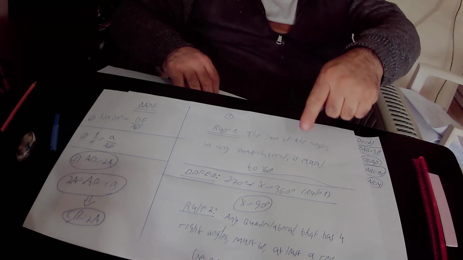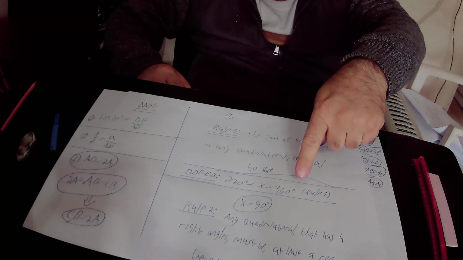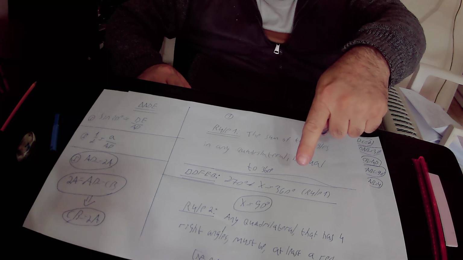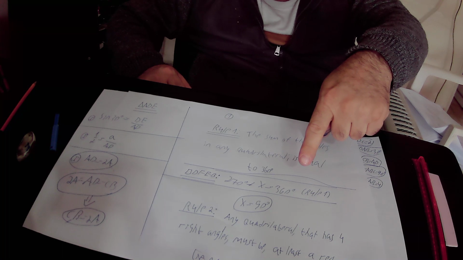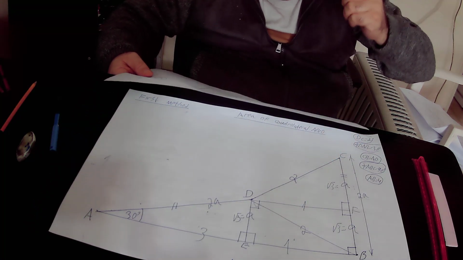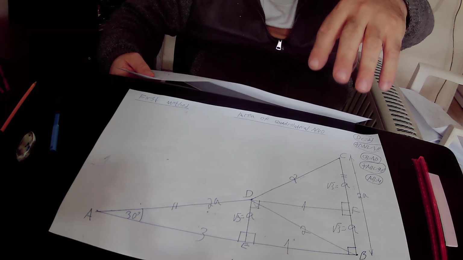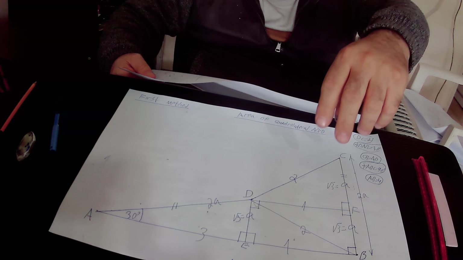We subtracted 270 degrees from this equation, and we got that X equals 360 degrees minus 270 degrees, that is to say X equals 90 degrees. So we found out that angle X is a right angle. Therefore all angles in quadrilateral DFEB are right angles.